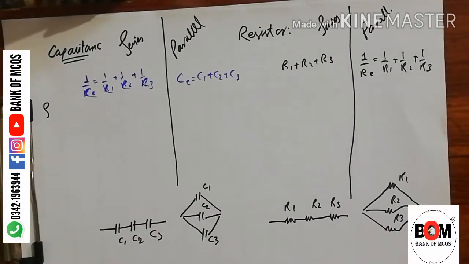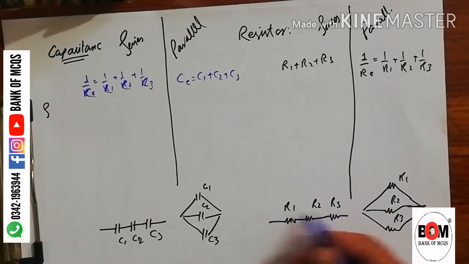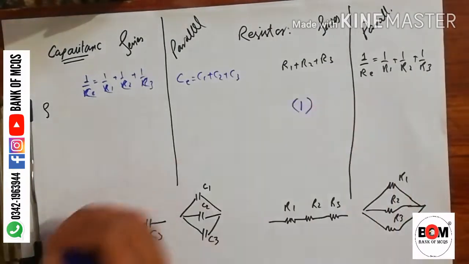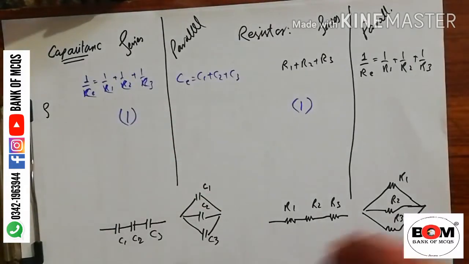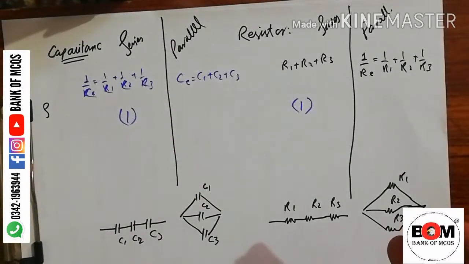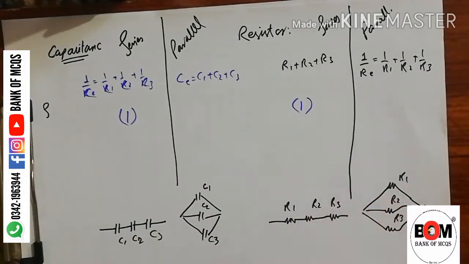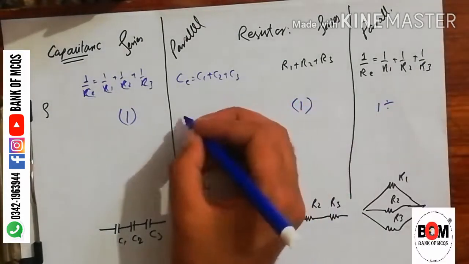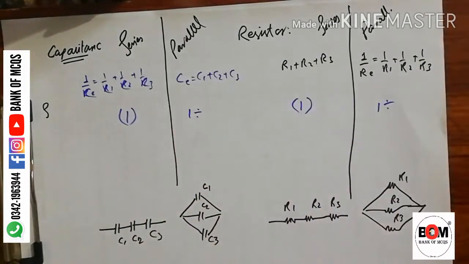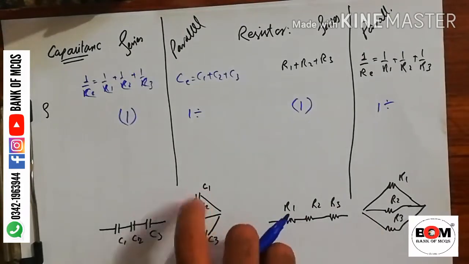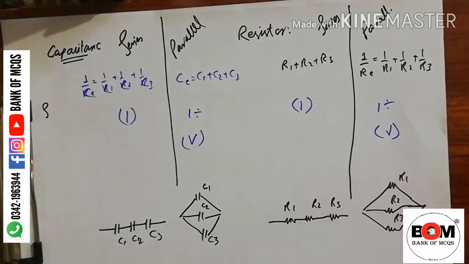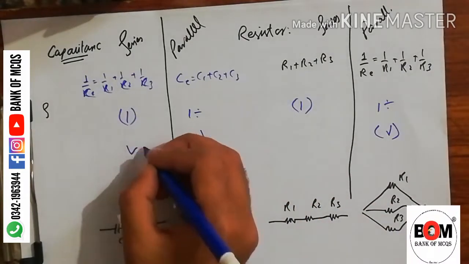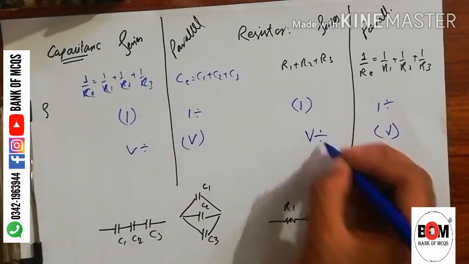The next point: in series, the current remains the same, whether for capacitor or resistance, while in parallel the current divides. In parallel the voltage remains the same, for capacitor or resistor, and in series it divides.